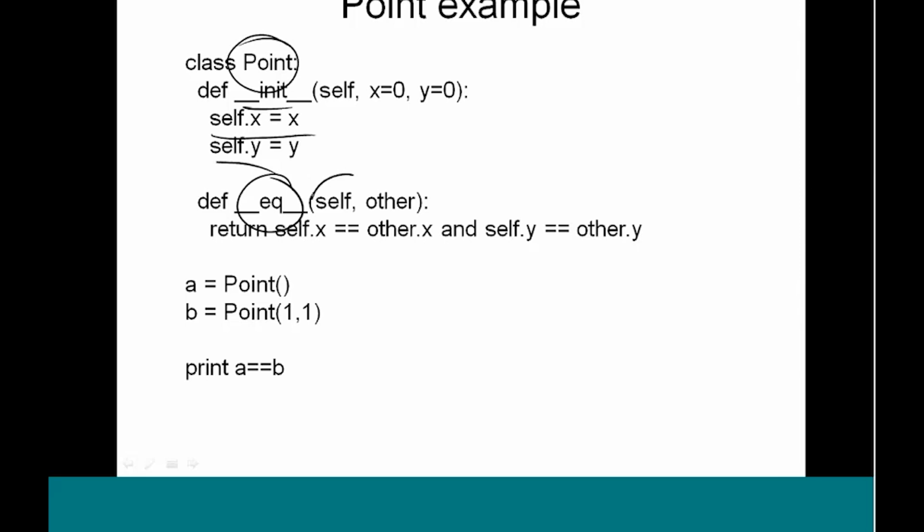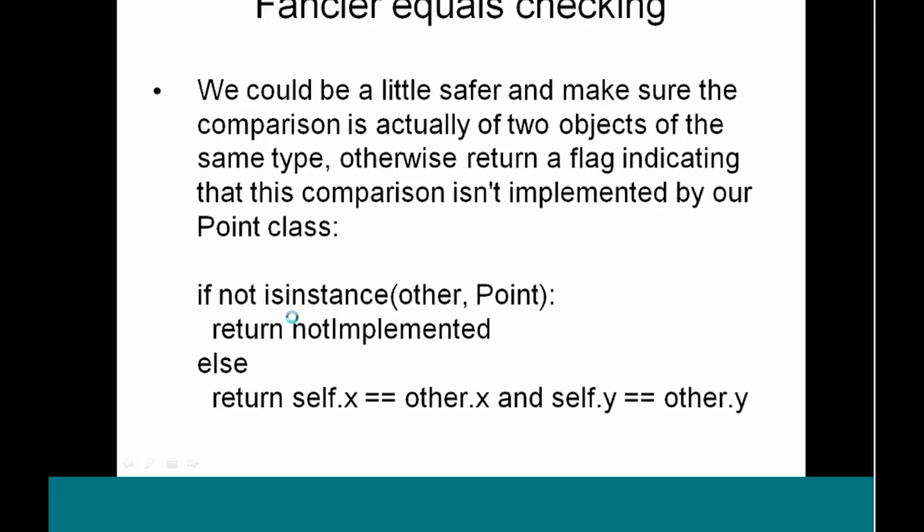In this __eq__ it's with self and other, and we just return self.x equal to other.x and self.y equal to other.y. So it basically does this testing and then reports the answer. Here there is a caveat that we will talk about. So a equal to Point(), and then b equal to Point(0, 1), and now it will print a equal to b.